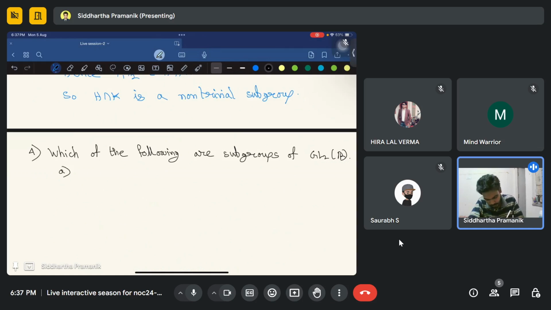So the first one is, say, H equals the set of A belonging to GL2R such that determinant of A is greater than or equal to 1.